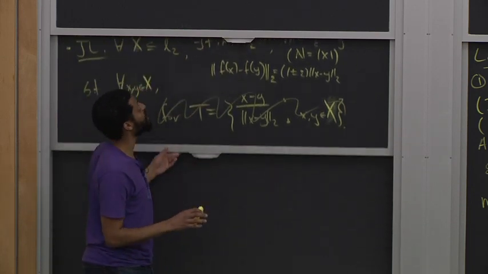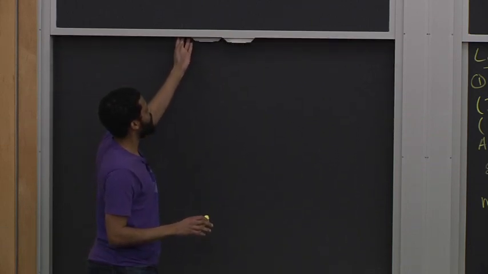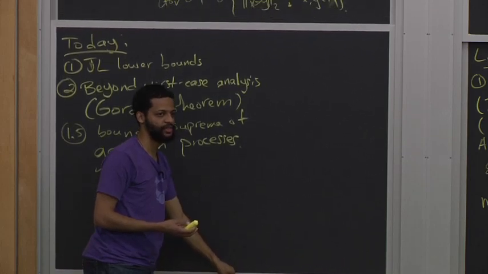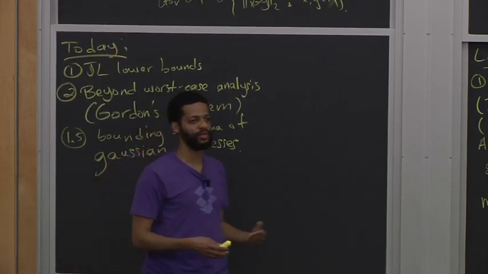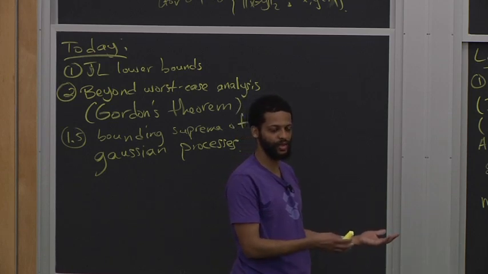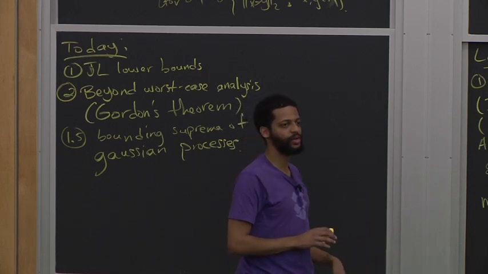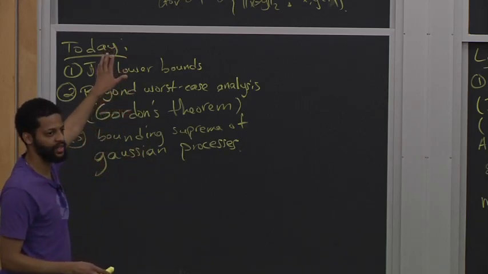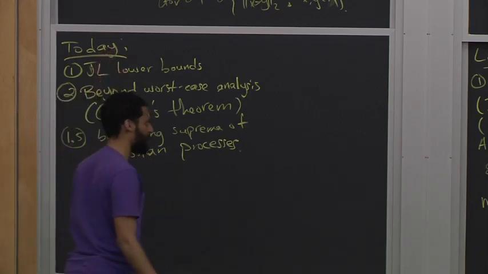It just so happens that when you prove JL, that function f is linear, right? Because how do you prove JL? Well, the ways that we know how to prove JL right now use DJL. And DJL gives you a linear map, right? But if you're happy to have any map, then you can state JL this way. And the proof happens to give you a linear map.